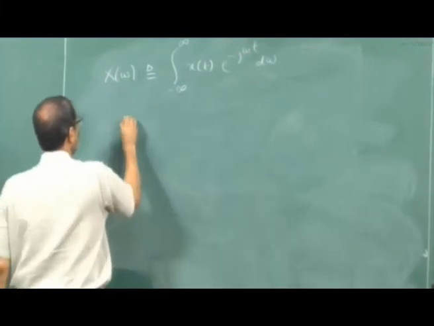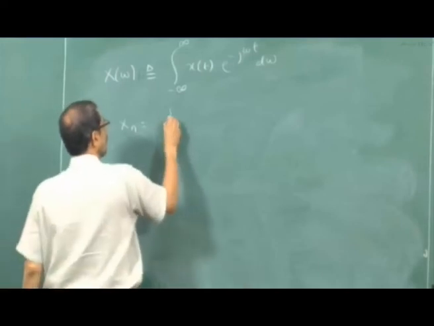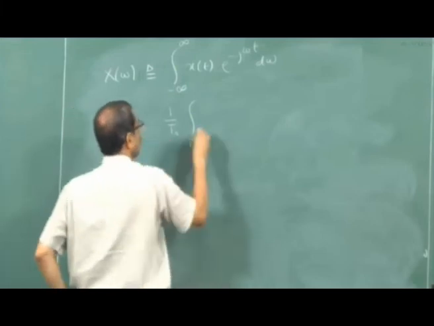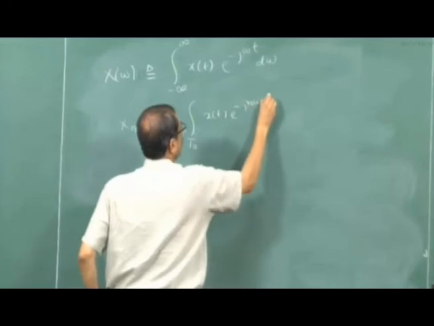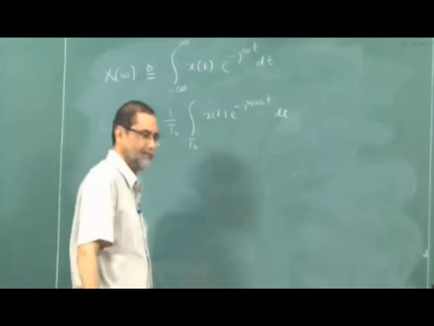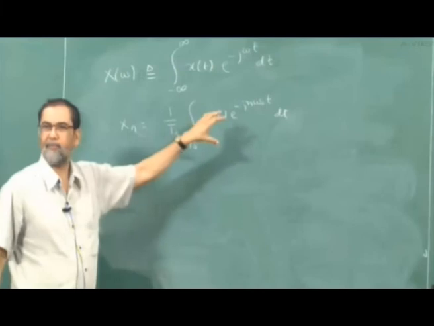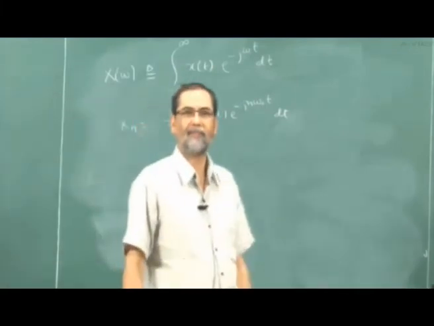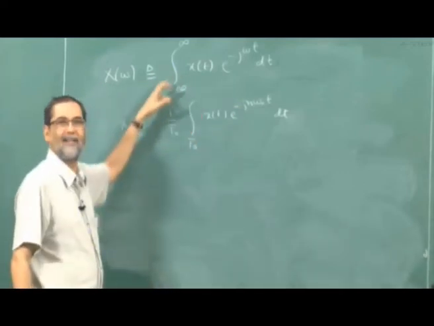And if you recall, xn of the periodic signal was defined as 1 by t naught, integration over t naught, x of t e to the power of minus j n omega naught t dt. Compare the two definitions. This is what I know from before, this is what I am doing for the first time, okay. Then you can see there is some similarity.